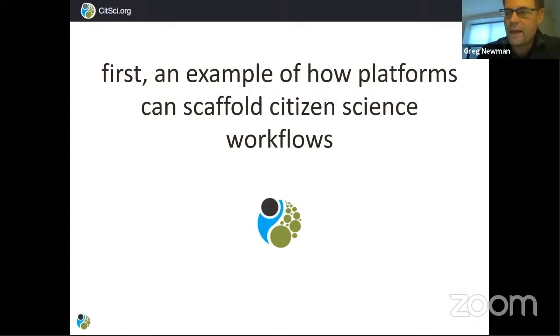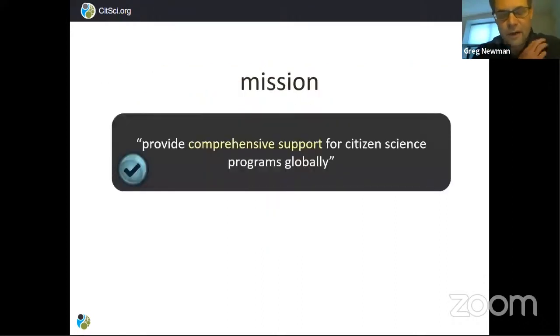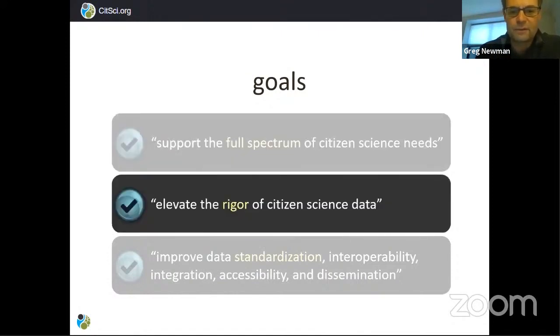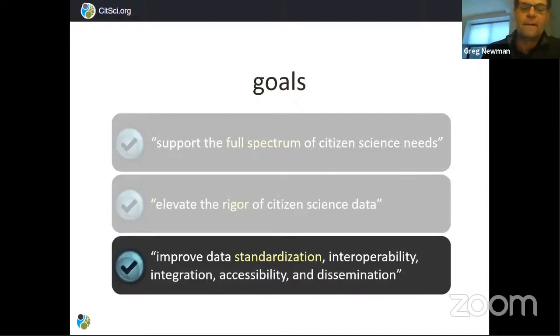And so hence was born my foray into citizen science in developing citsci.org, where as an organization, CitSci is really driven by our mission to provide comprehensive support for citizen science programs globally, with the three goals of supporting the full spectrum of citizen science support needs, elevating the rigor and quality of citizen science data, and improving data standardization, interoperability, integration, access, and sharing or dissemination.